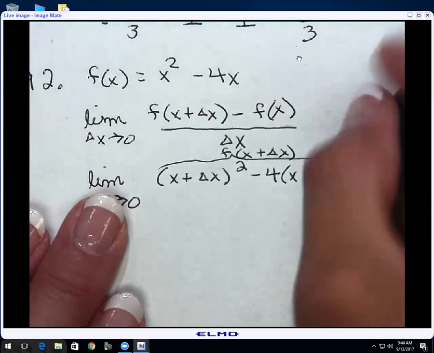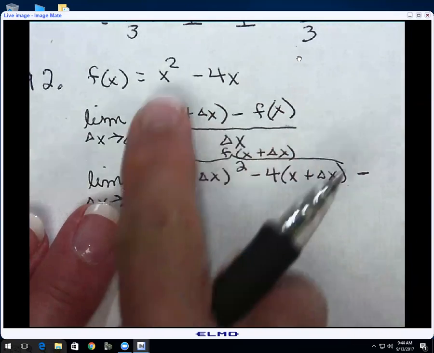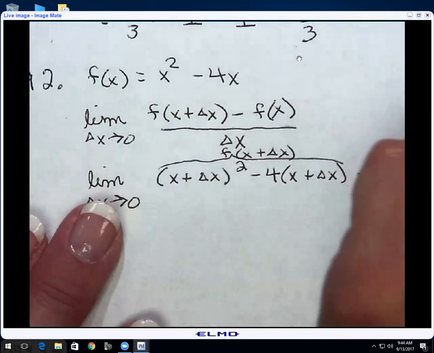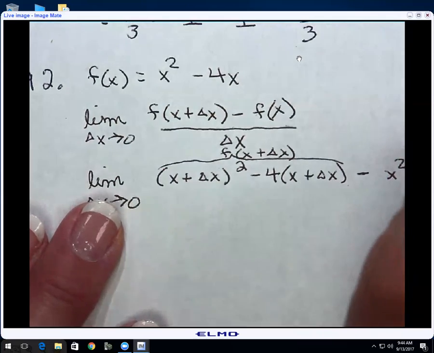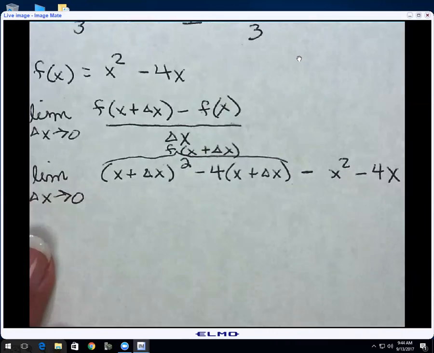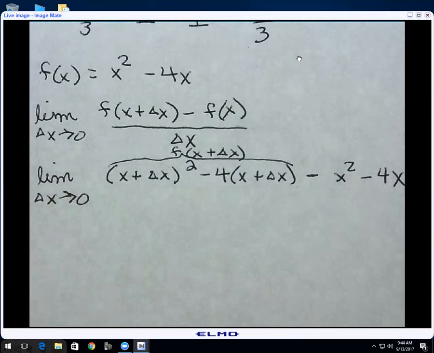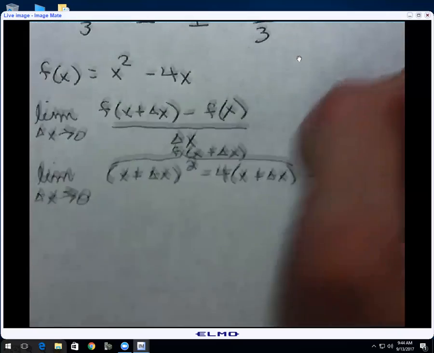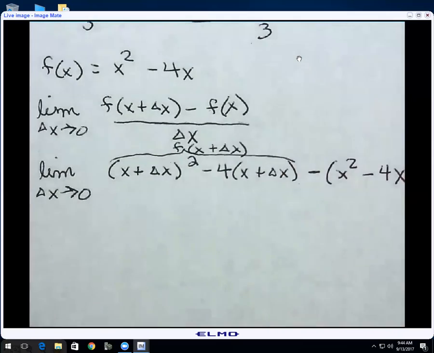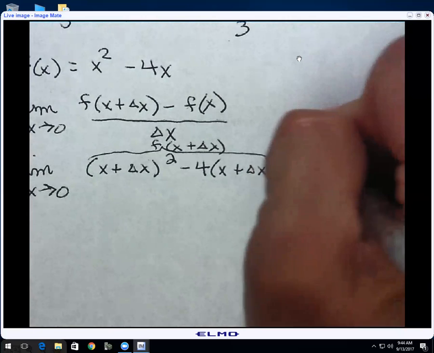So subtract f of x is this guy right here. What very common mistake do I keep making in the hopes that when you get to the test you won't make it? If you're subtracting the whole function, then the function has to be in parentheses until you distribute that -1.